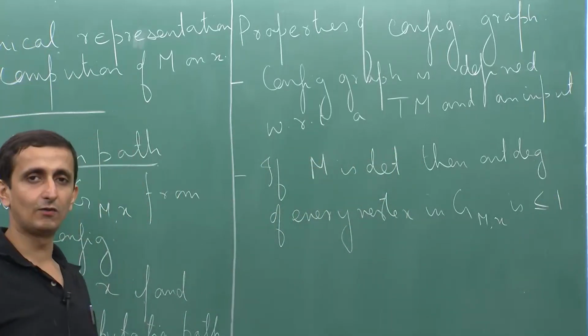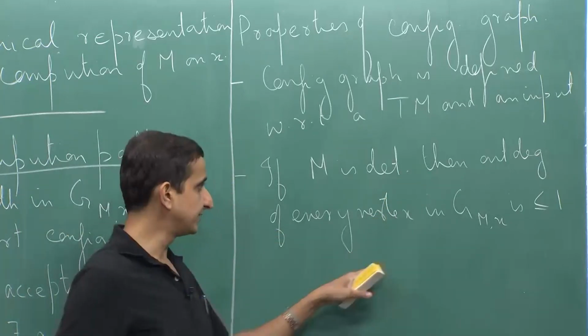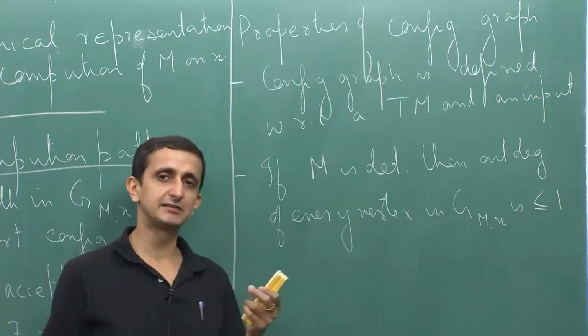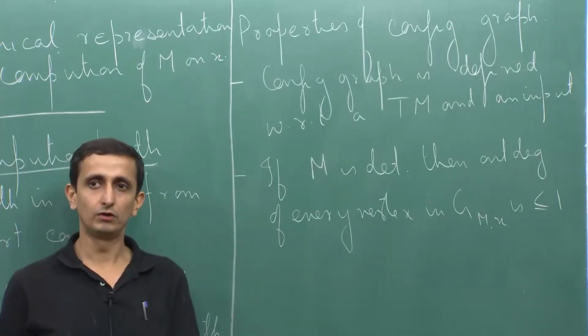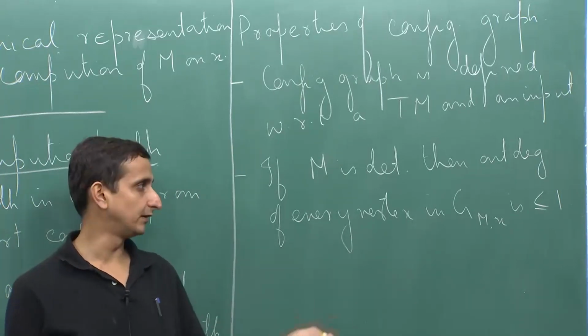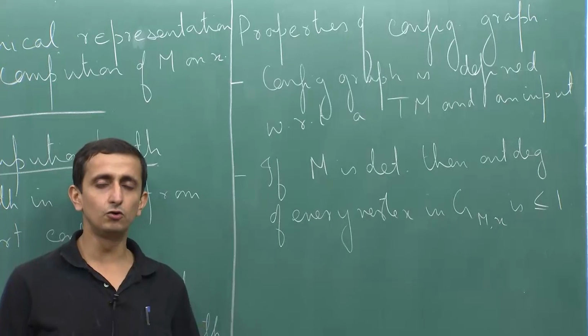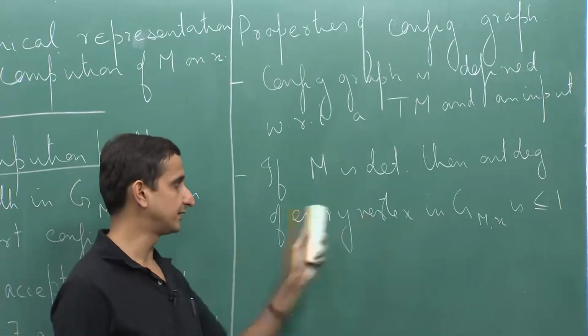It cannot be more than 1, because what this means is that if M is deterministic, from every configuration there is at most one configuration that you can go to. In the special case when the configuration is an accept or reject configuration, there are no edges going out, in which case the out degree is 0, otherwise it is 1.